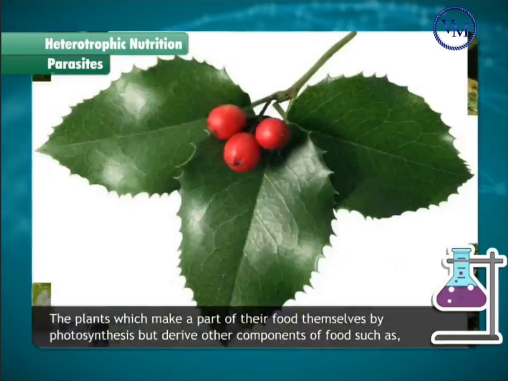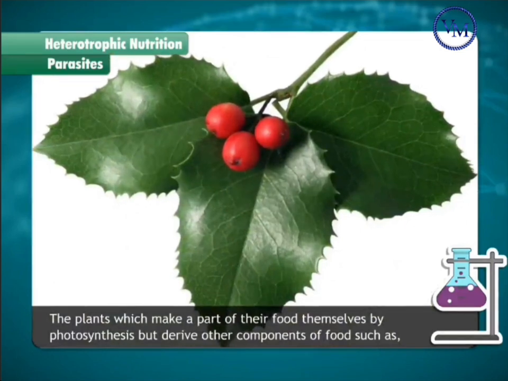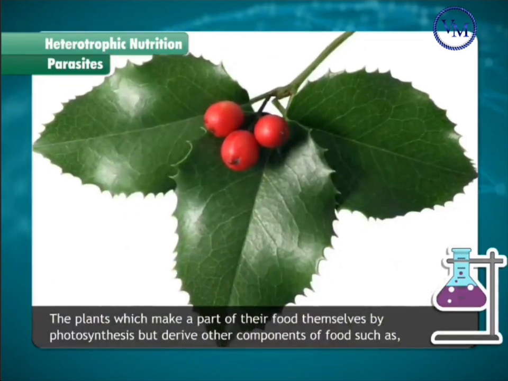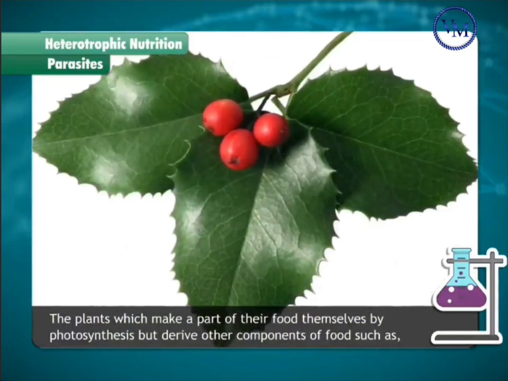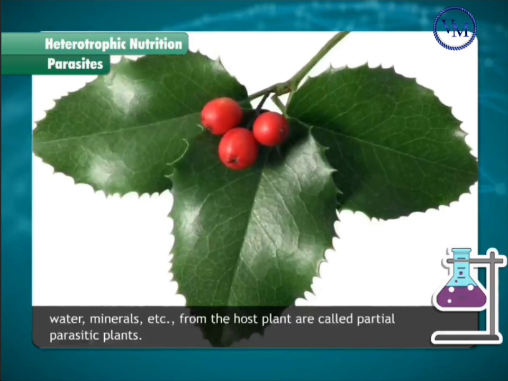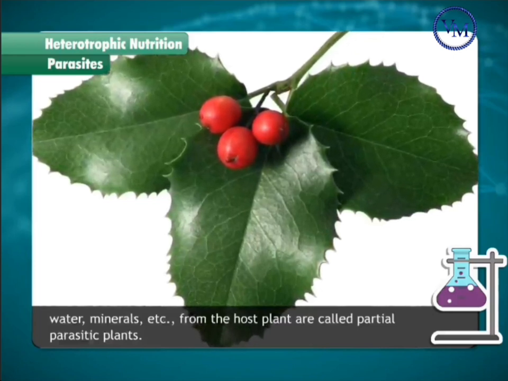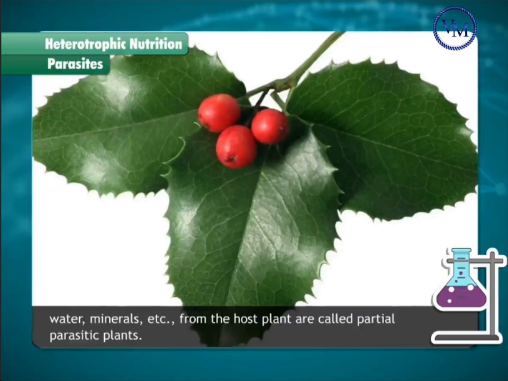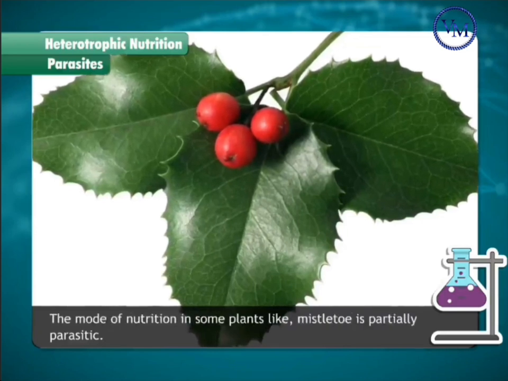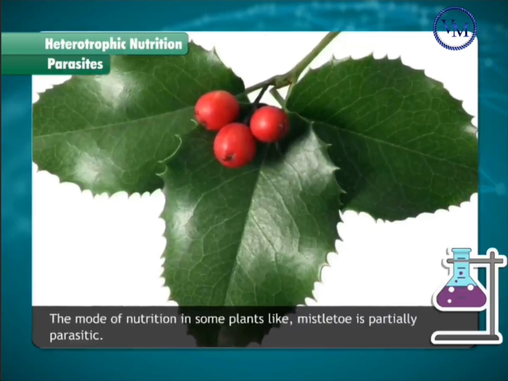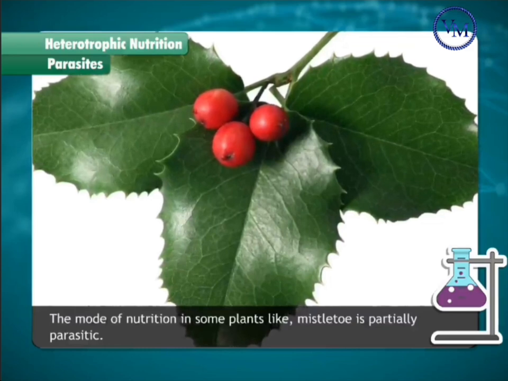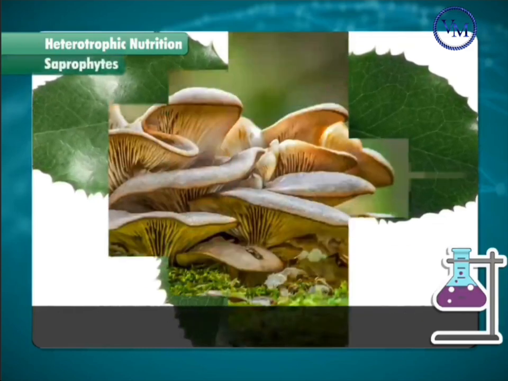The plants which make a part of their food themselves by photosynthesis but derive other components of food such as water, minerals, etc. from the host plant are called partial parasitic plants. The mode of nutrition in some plants, like Mistletoe, is partially parasitic.